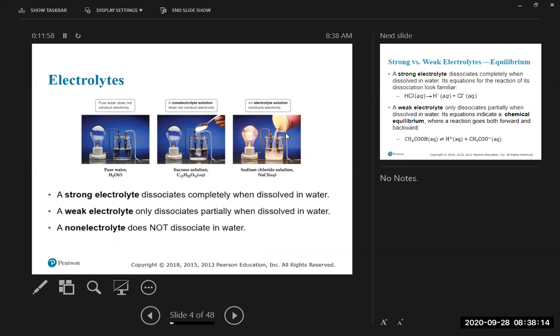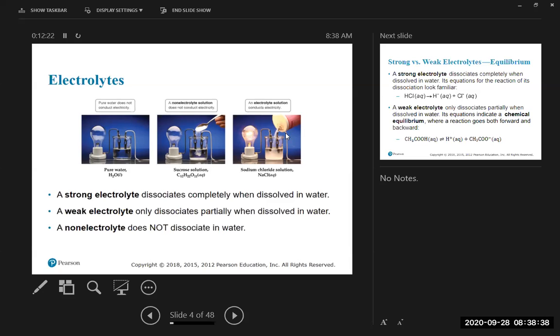When compounds go into solution in water, we tend to think of them as being a strong electrolyte, a weak electrolyte, or a non-electrolyte. So if you ever see Gatorade commercials or Powerade commercials and those types of sports drink commercials, they're always talking about electrolytes.